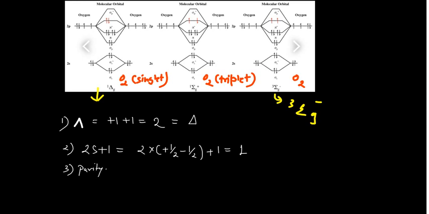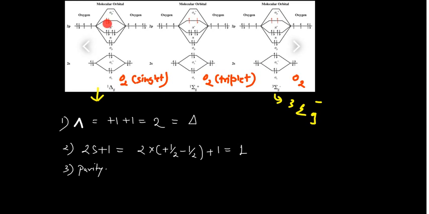Because this oxygen molecule is a homonuclear diatomic molecule, you have to decide whether you will put g or u as the subscript along with your delta. How can you determine the subscript? You see that this orbital where you have the electrons is gerade.